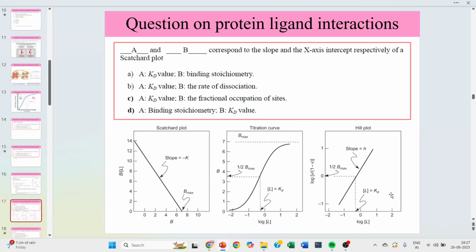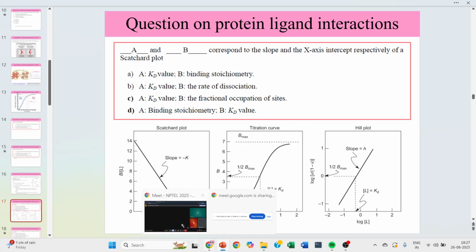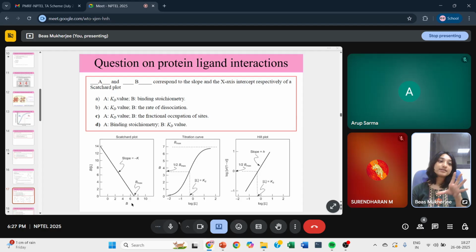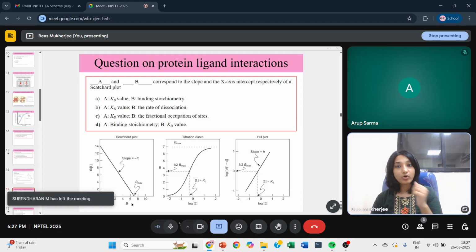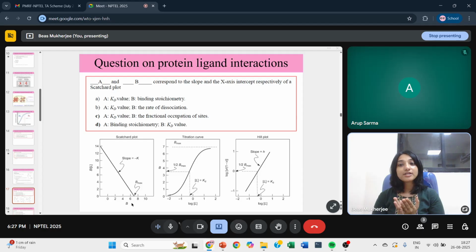Now we will try to look at these Scatchard plots. A and B correspond to the slope and x-axis intercept respectively of the Scatchard plot. So you have to tell me what A and B are.